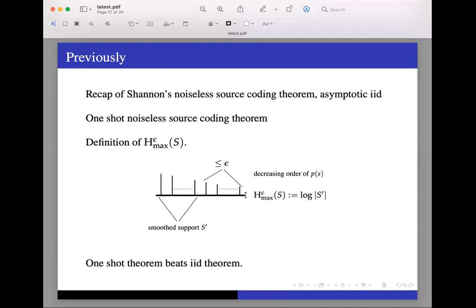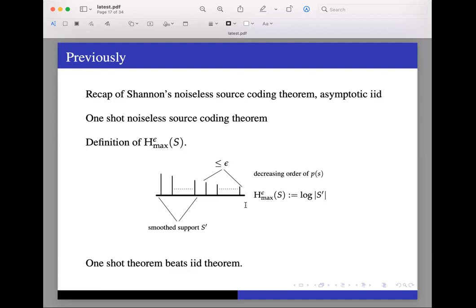That is this tail out here, and I'm going to zero it out. Look at the remaining elements which are not zeroed out. That's what I call the smoothed support S prime. Support just means the points where the probability is non-zero. So this is the smoothed support.